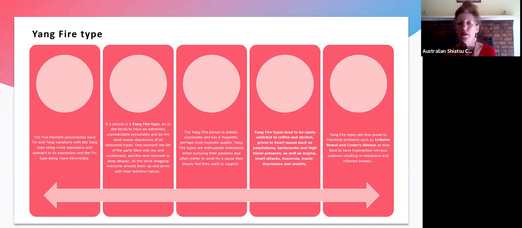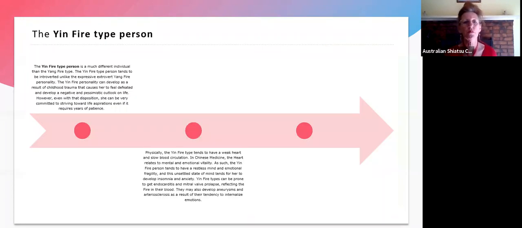So too much heat agitates the spirit and therefore affects the sleep, and also the intestines because of its relationship with the small intestine. And when we look at the pathway, we'll see the internal pathway travels from the heart deeply into the small intestine. And so excess heat is transferred into the small intestine. Whereas a yin fire person can have a much different expression, more introverted, unlike that over-extroverted yang fire.